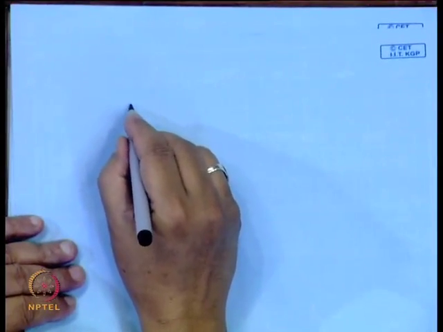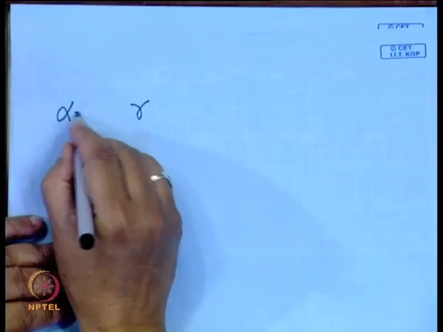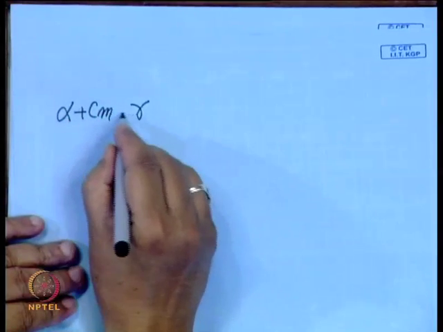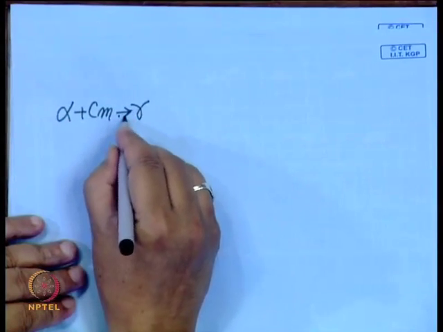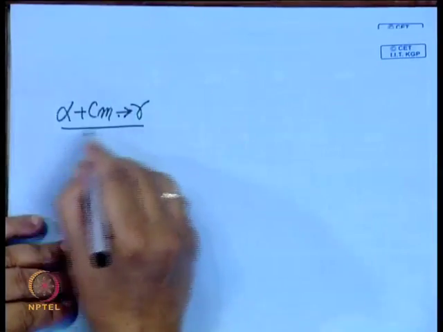When you heat, you have a ferrite plus cementite structure, and it becomes austenite. So, this will take place.